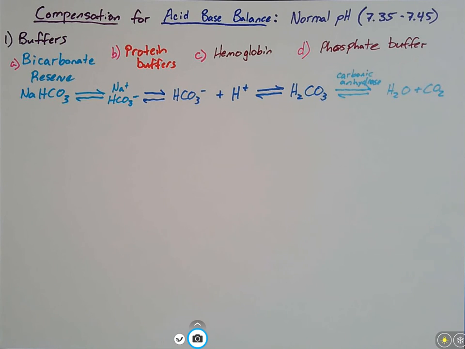Anything that can accept or release, those are acids and bases, whether or not it's in the name or not. All right, so that's the first compensatory mechanism, buffers.